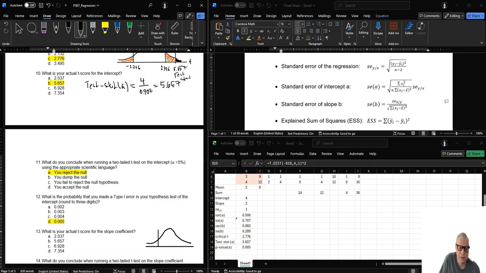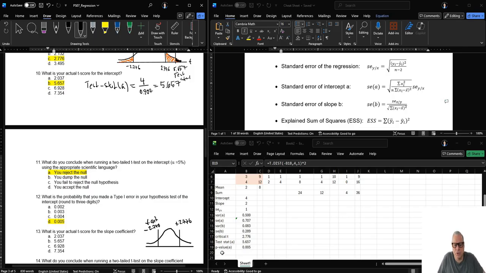The critical t is still negative 2.776 to the left, and positive 2.776 to the right. So there we have 2.5% probability mass in each pocket.